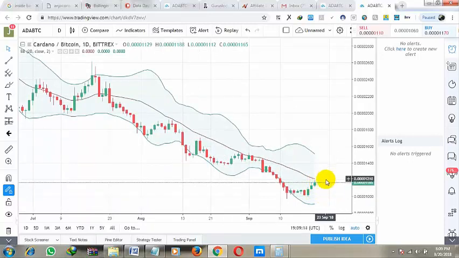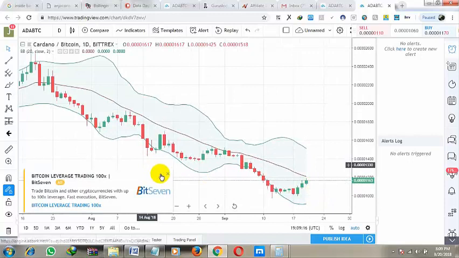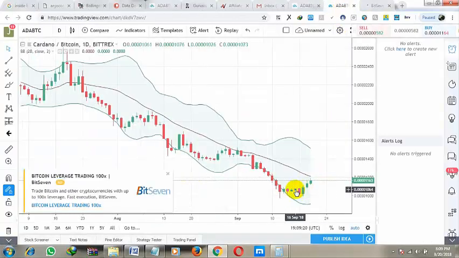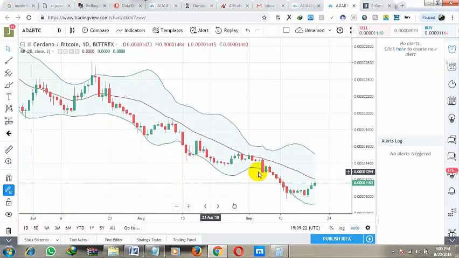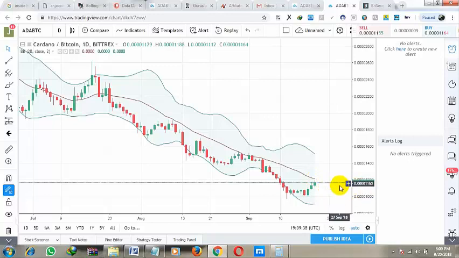Maybe the next candlestick will give us a definite clue as to where this market is going. But definitely I should be looking at selling if I'm in this market when it hits this band. That's around 1,180 to 1,190 Satoshi. Okay, currently it's at 1,164 Satoshi.